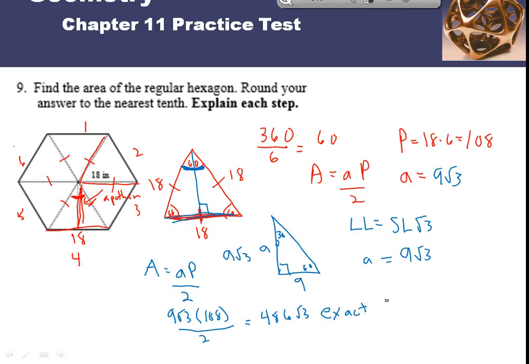So 486 times radical 3 is 841.77, so 841.8. So I get 841.8 inches squared.